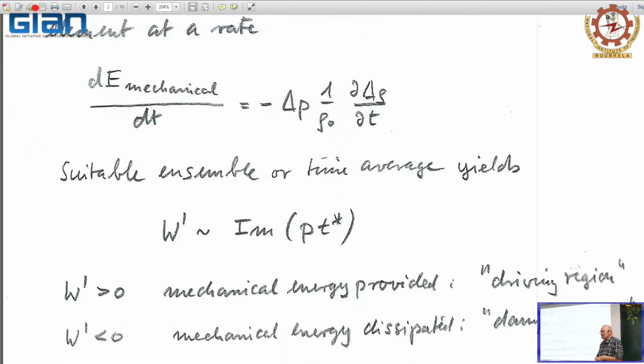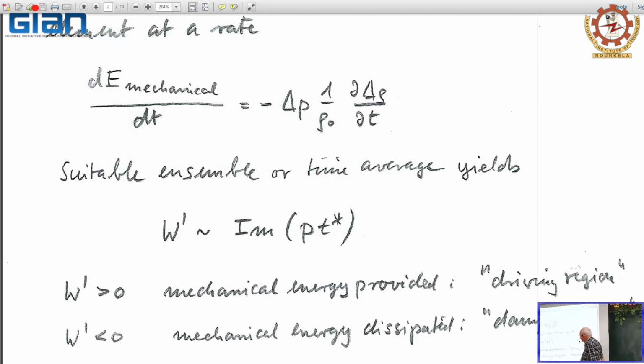It can be expressed in terms of some components of the eigenfunction, namely the relative Lagrangian pressure perturbation and the relative Lagrangian temperature perturbation.